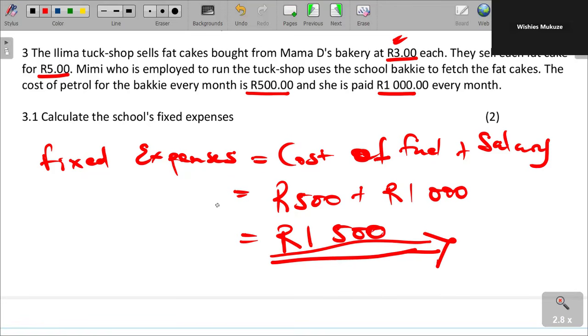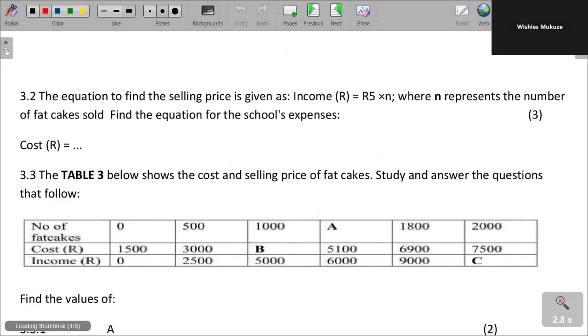And then we go to question 3.2. The next question says the equation to find the selling price is given as income equals 5 rand multiplied by n, where n represents the number of fat cakes sold. Find the equation for the school expenses cost.